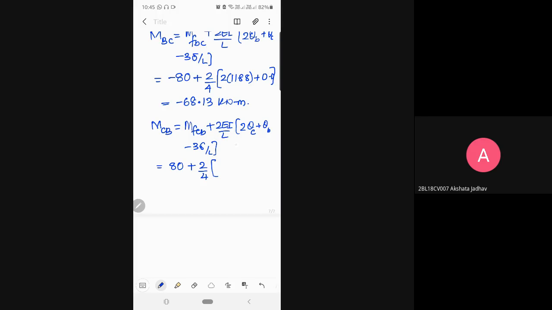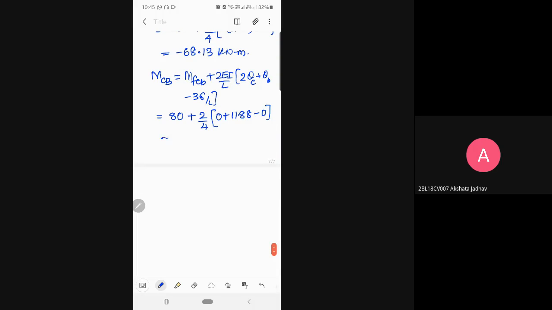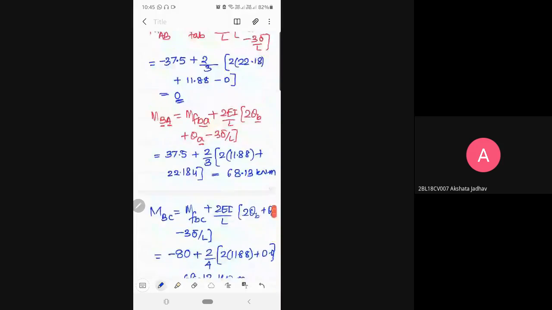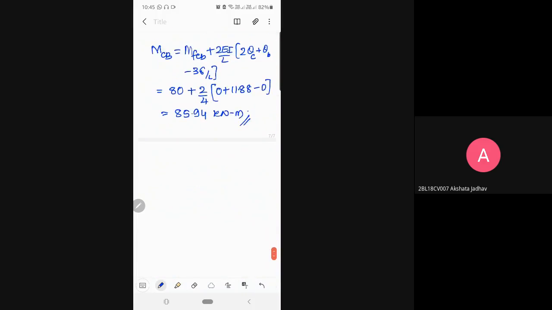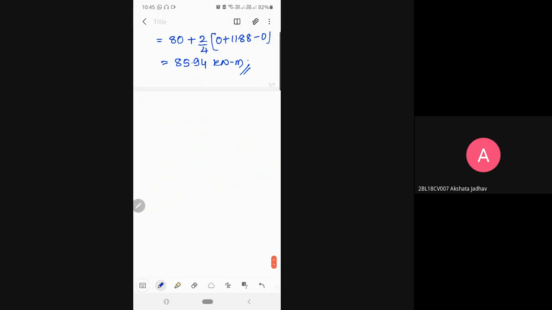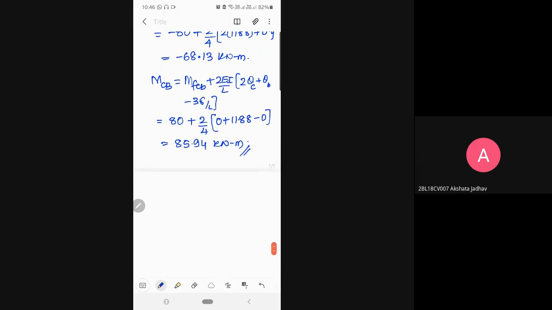Theta C is 0, theta B is 11.881 EI, and delta is 0. So lastly you'll get 85.94 kilonewton meter. So these are the final moments for the given continuous beam. When you get these moments, you can draw the bending moment diagram, calculate the shear forces and draw the shear force diagram. Clear? So this is the end of the problem.